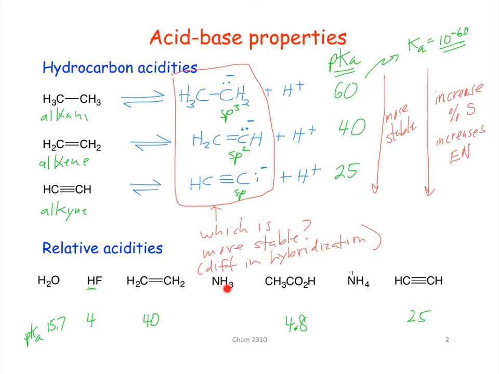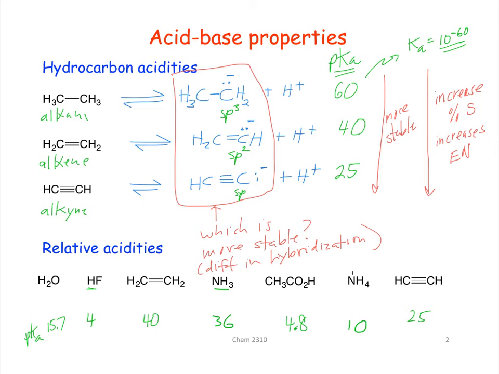Which one of those two would be more acidic? The ammonium ion is more acidic because if this is the acid, ammonia is actually its conjugate base. The ammonium ion has a pKa of about 10, and ammonia is not very acidic either, so it has a pKa of about 36.